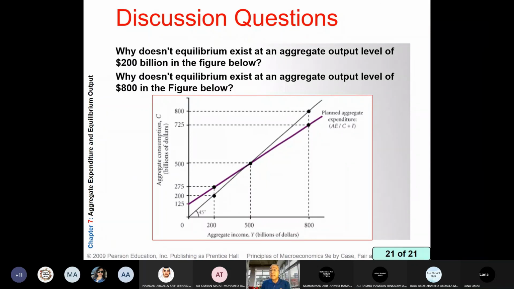Why is it an increase in inventory? Because we produce 800 and we sell less than 800. So the rest will go to an increase in inventory. The business sector will react by decreasing output. Why is it decreasing output? Because demand is less than supply. We sell less than what we produce. So by next year, we will produce less till we reach equilibrium.